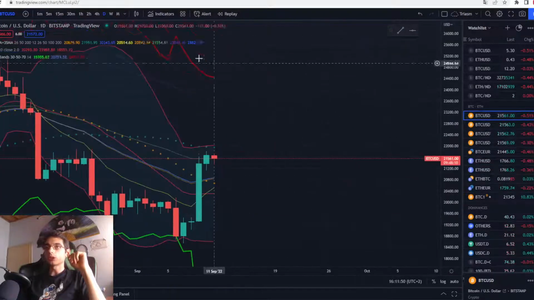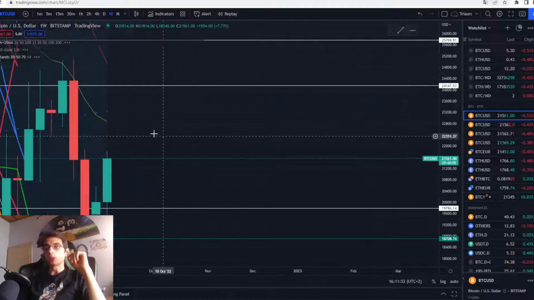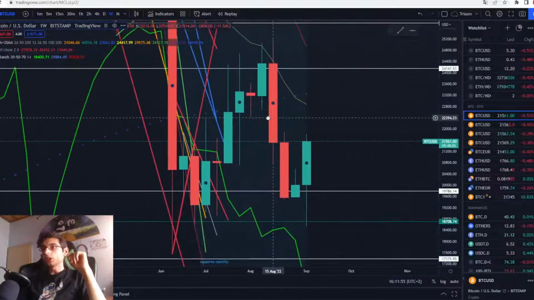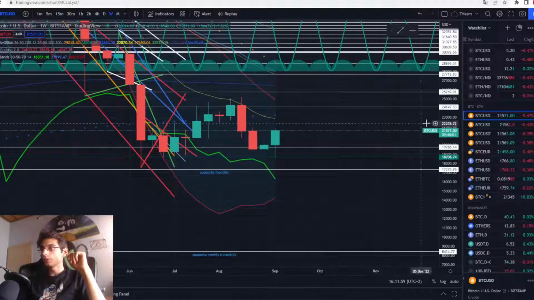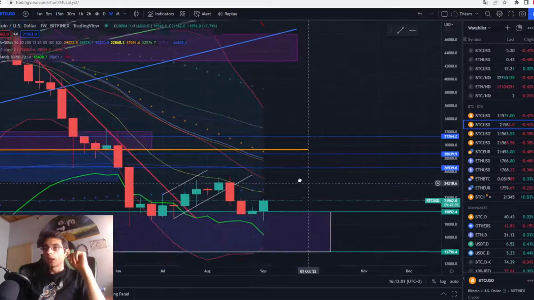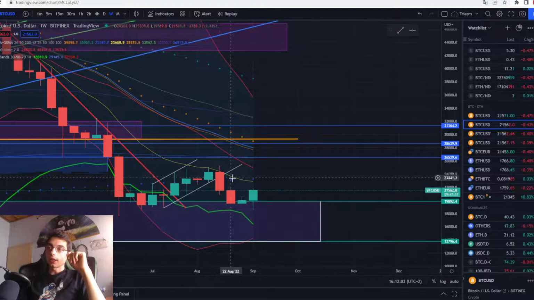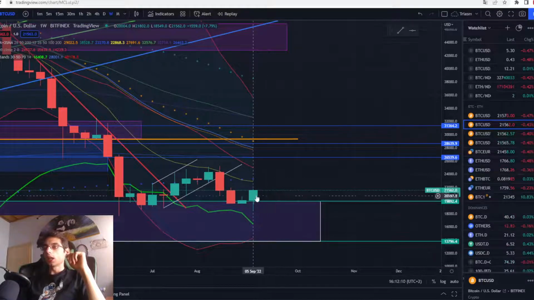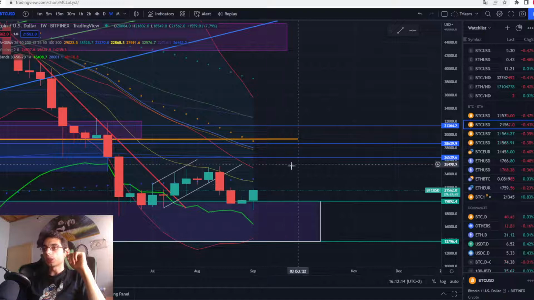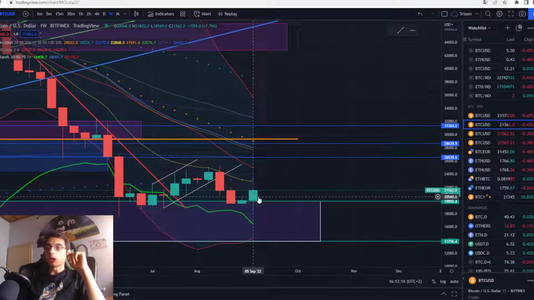But let's focus on the weekly chart now for Bitcoin, and we'll see where we are. As you see right here, we are at a level where we had a kind of doji. It's not really a doji, but it's an indecision candle, and we are trying to close the week above the 20k.